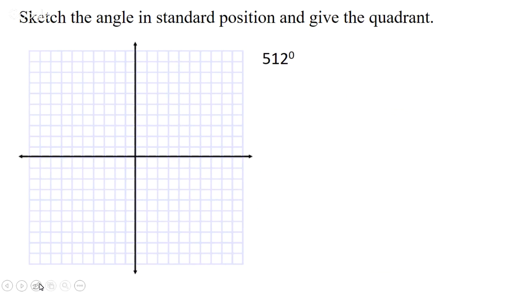So 512 degrees. Well, we have angles that only go from 0 to 360. So I need to find its coterminal angle first. So I'm going to subtract 360 from it. And when I subtract 360, 512 minus 360 is 152 degrees.